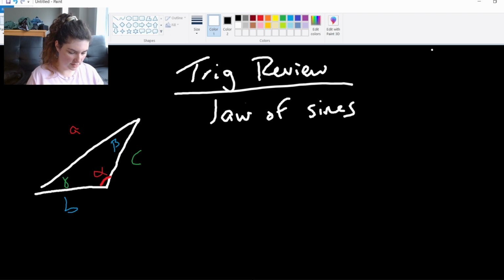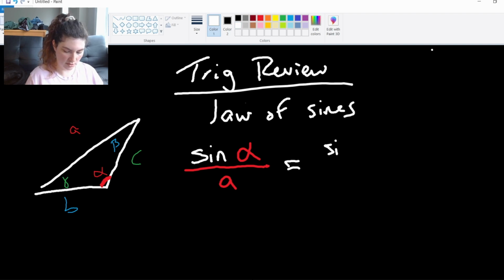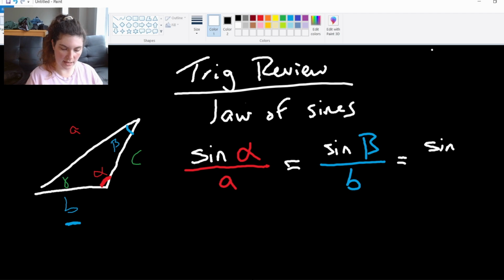Law of sines says that sine of alpha, here's alpha over in our triangle, over the across distance A, equals sine of beta, this angle here, over the across distance B, equals sine of gamma, that angle here, over the across distance C. These can be used in any combination.